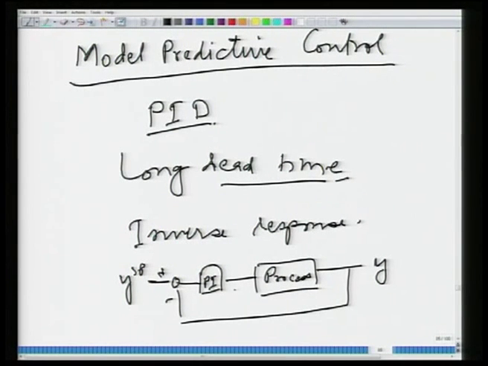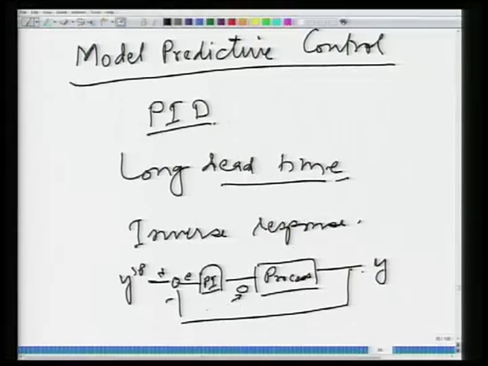I make a change here, nothing happens here for a long time. Now, because nothing is happening to the output, the error remains unchanged. The integrator in the PI controller keeps on adjusting this. And what that essentially does is, you cannot have your gain too large.